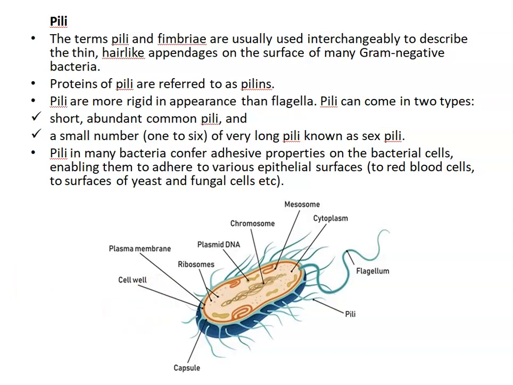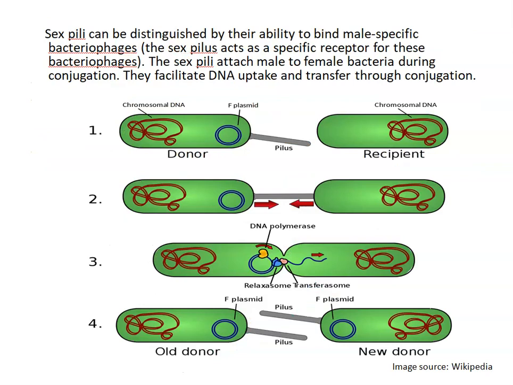Pili in many bacteria confer adhesive properties to the bacterial cells, means enabling bacteria to adhere to various epithelial surfaces, means to red blood cells, to surfaces of yeast and fungal cells, etc. Sex pili can be distinguished by their ability to bind male-specific bacteriophage, means sex pilus acts as a specific receptor for these bacteriophages, right?